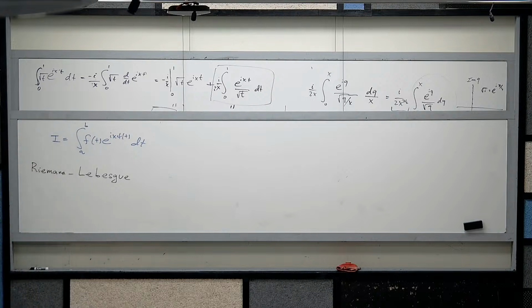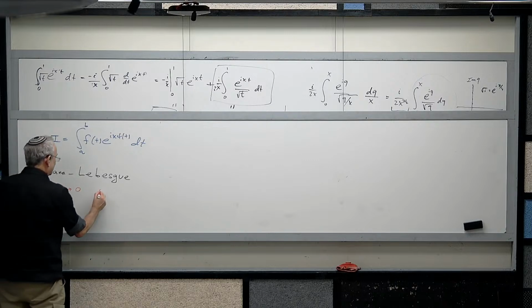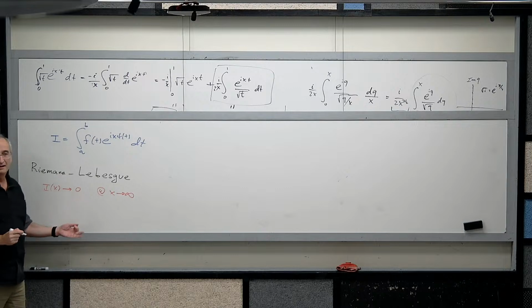Okay? And what Riemann and Lebesgue gave us is a guarantee that this I of x is going to 0 as x goes to infinity. Why?